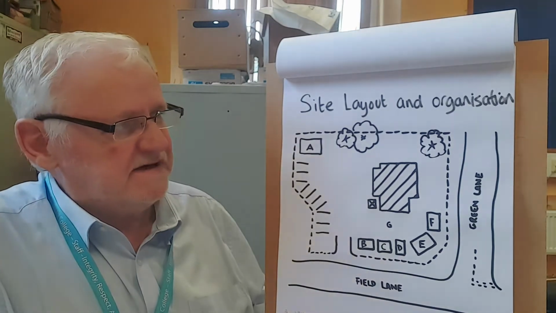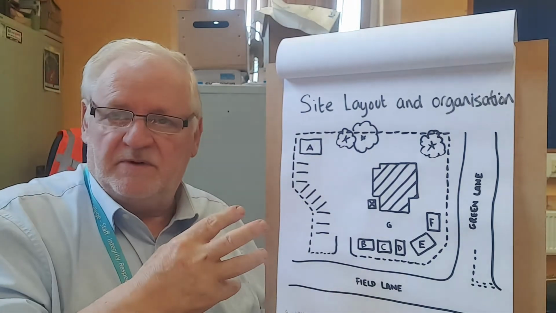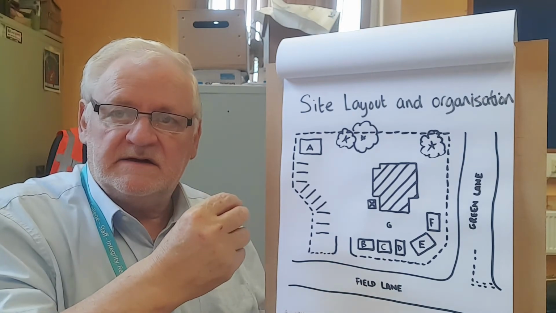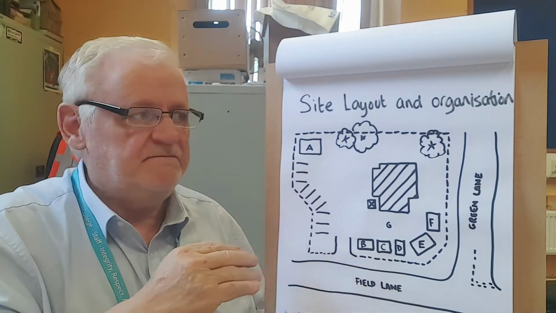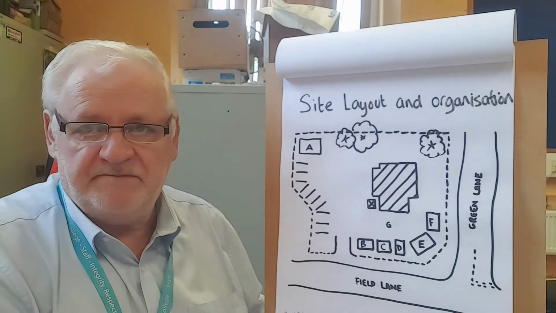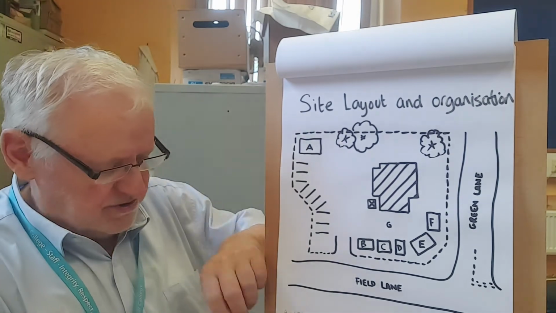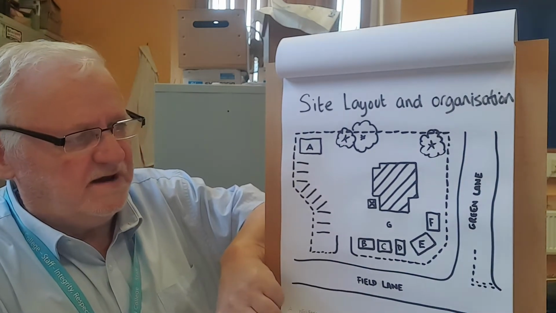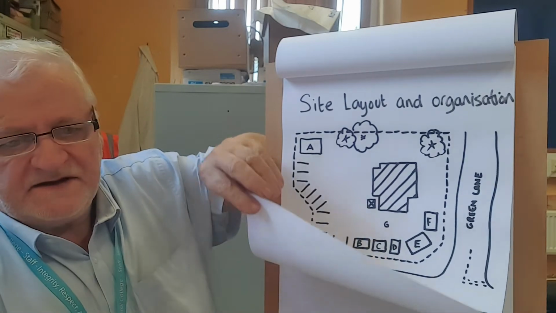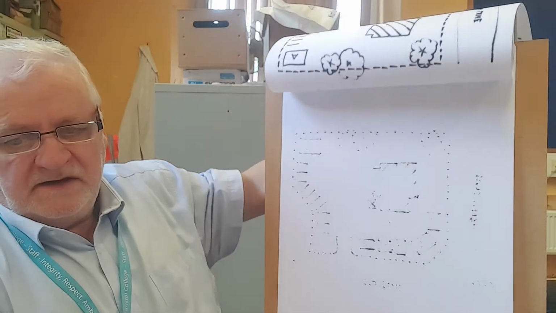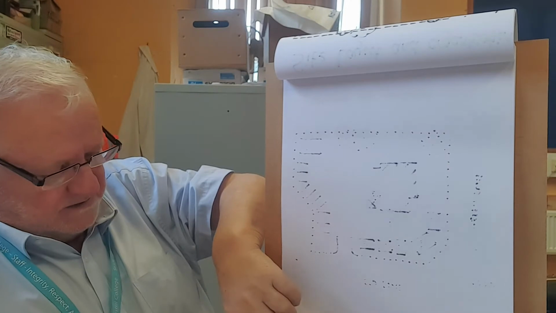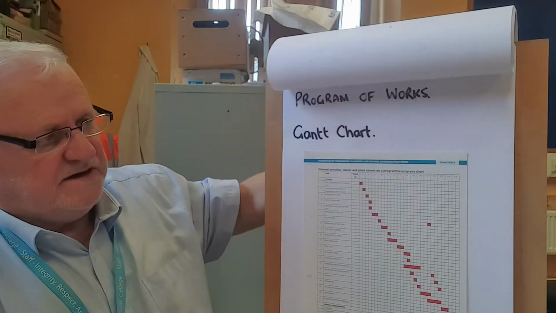So you can understand that this is a very simple and a very well thought out site layout, okay, for a building project. And it's very, very important that we understand where things are laid out. Access and traffic routes, that's also very, very important.